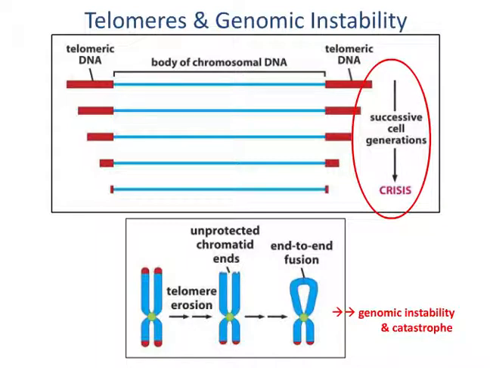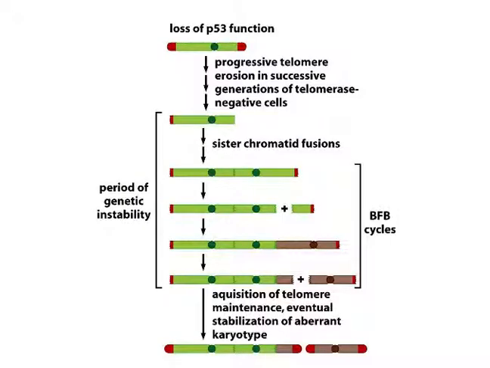Eventually, the genomic instability will reach a point at which the cell is no longer viable. To avoid this catastrophic fate, cancer cells will often reactivate telomerase expression to stabilize the genome before this catastrophic crisis event occurs.